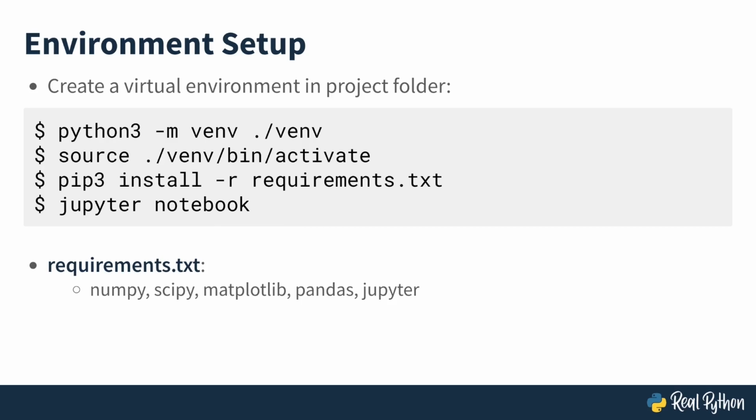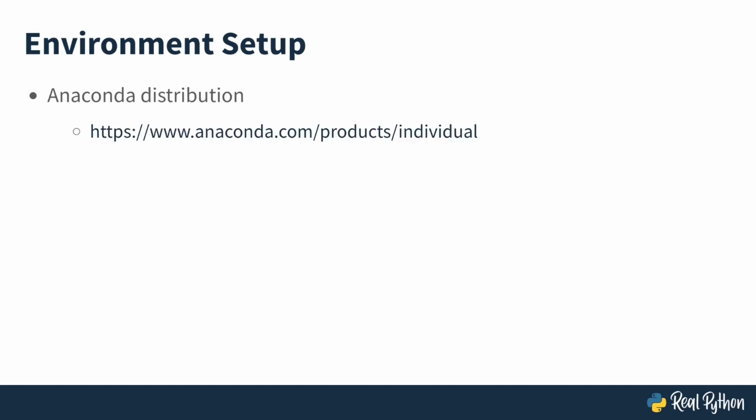Another way is to use the Anaconda distribution. The Anaconda distribution is a Python distribution that comes pre-bundled with a whole bunch of tools and modules for data science. There's an open source version that can be used for individuals, so you can head on over to anaconda.com and check out the individual version.